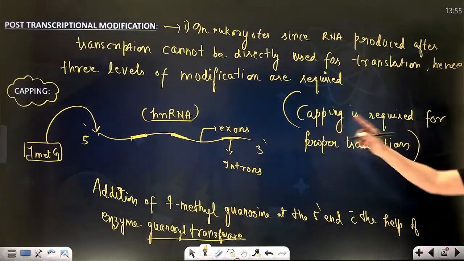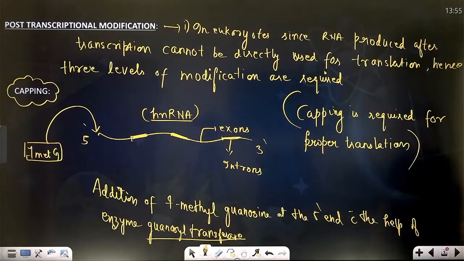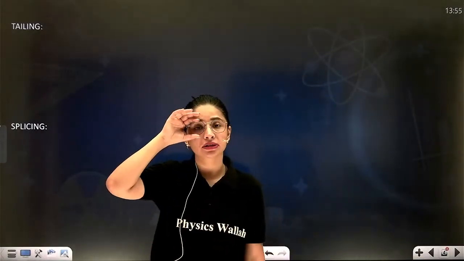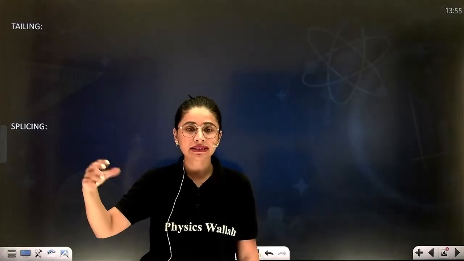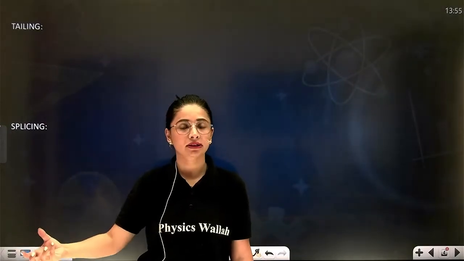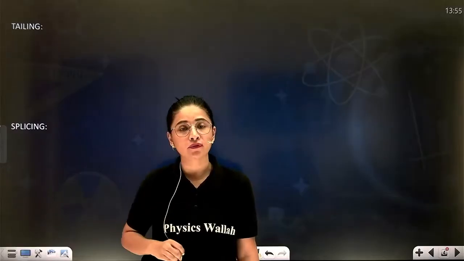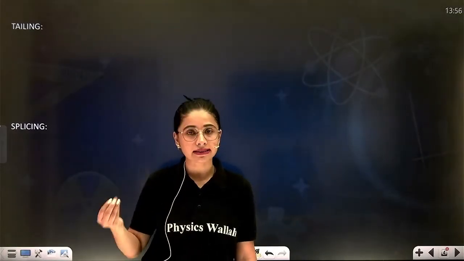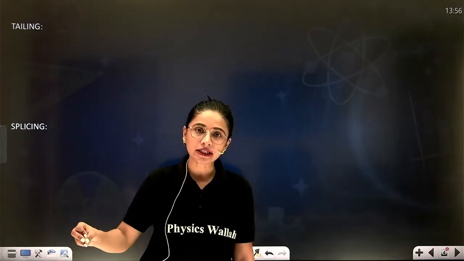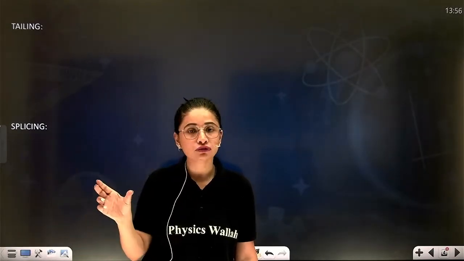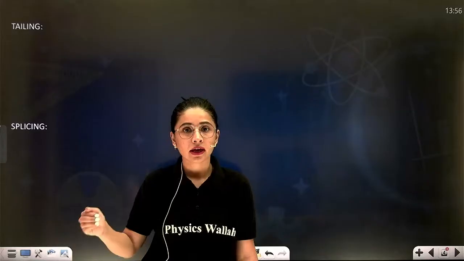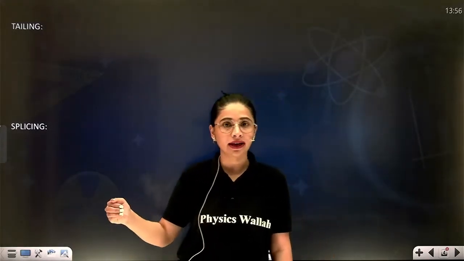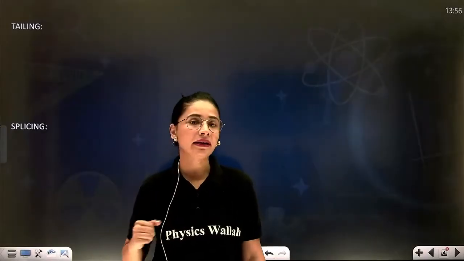Now, once 7-methyl guanosine is attached beta at the 5' end, the next important modification is tailing. Tailing means some more residues have to be added at the 3' end of the hnRNA. So, some free adenosine residues present in the nucleus of the cell are made to join into a single strand with the help of a polymerase enzyme, poly-A polymerase, which is a template independent enzyme.